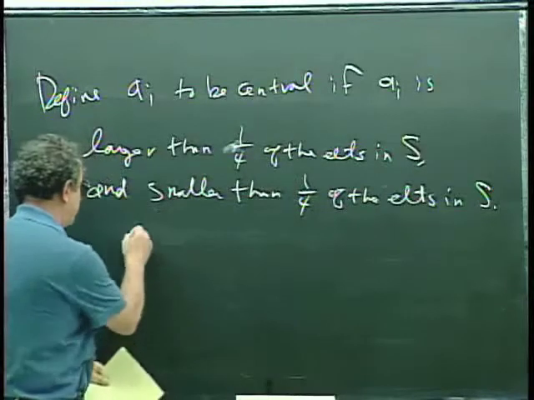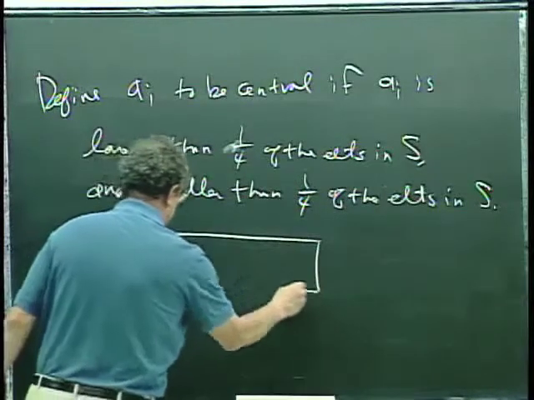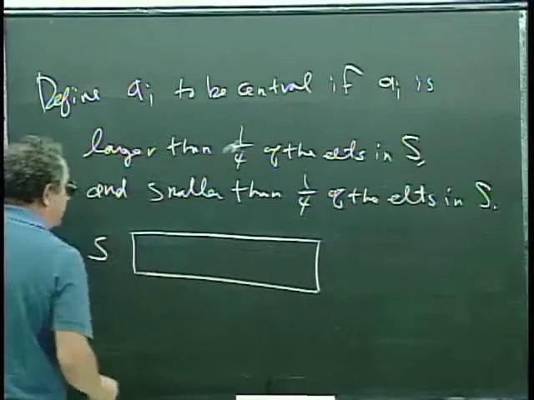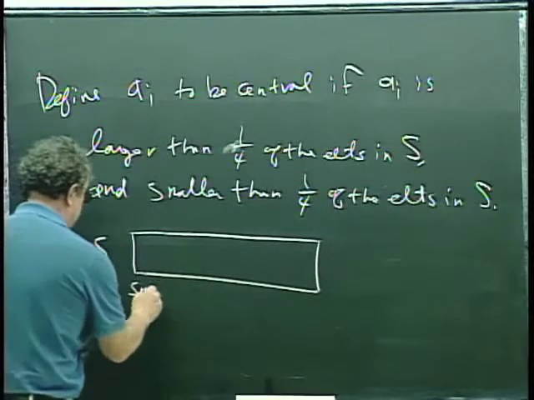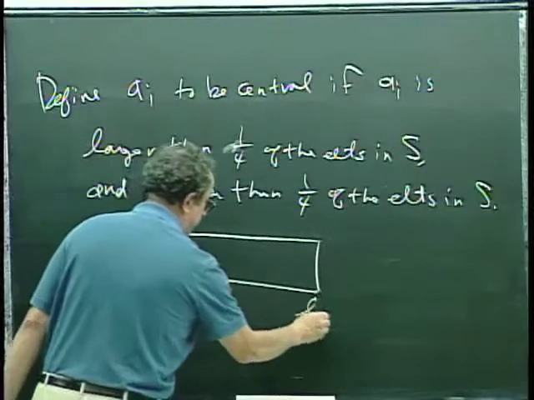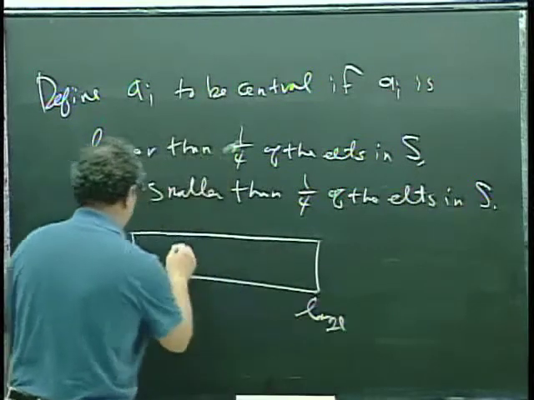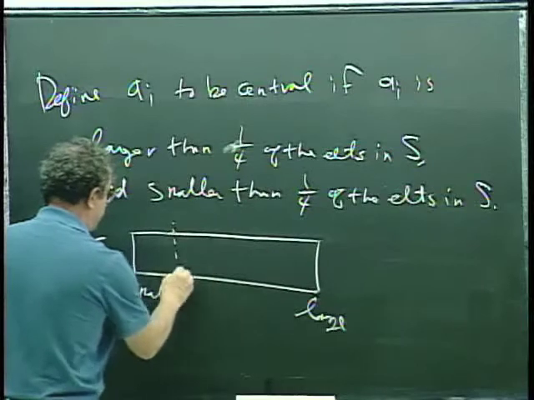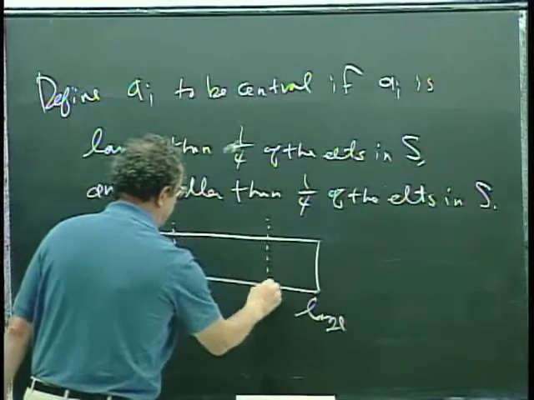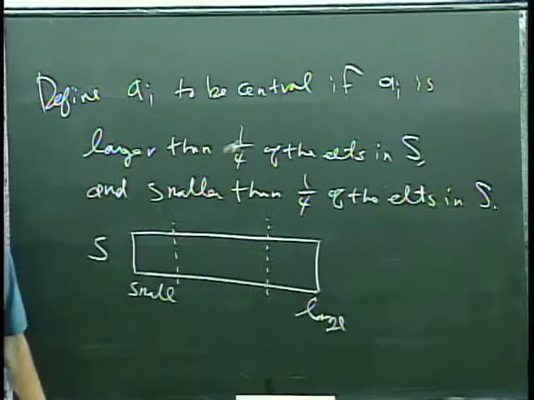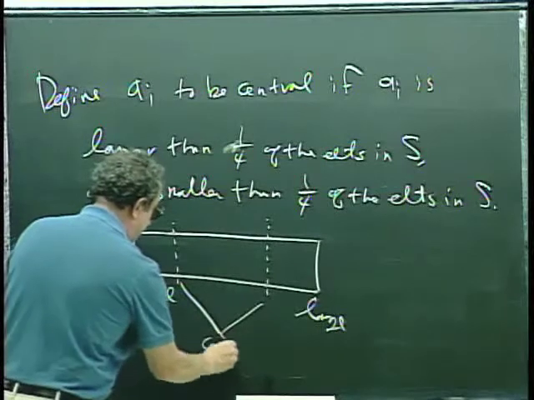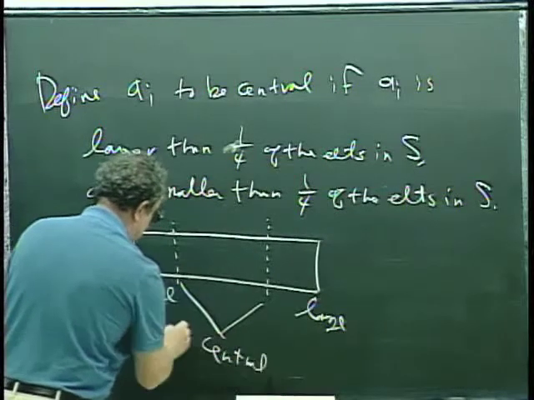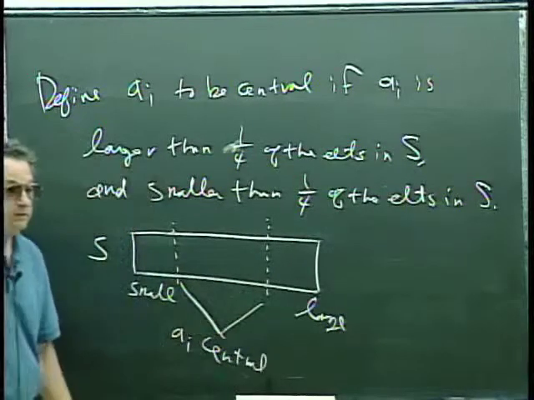What does that look like pictorially? Let's say this is S, and even though S is not sorted, let's think of it as being sorted. Here are the small guys, and here are the large ones. And a quarter roughly like that, roughly like that. AI is being picked randomly, and we're saying that if it falls in this range, it's central. This is where AI is central.